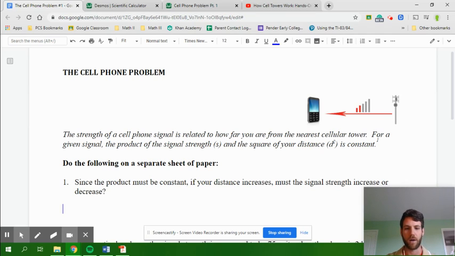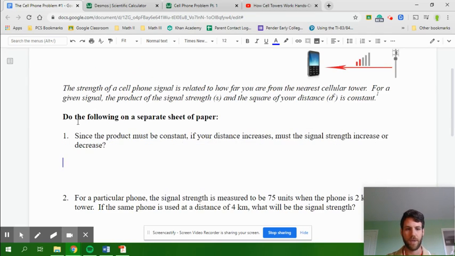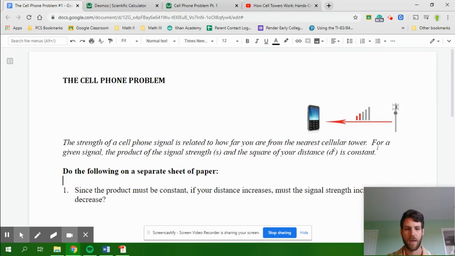So we are told that the strength of a cell phone signal is related to how far you are from the nearest cellular tower. For a given signal, the product of the signal strength and the square of the distance, d squared, is constant.